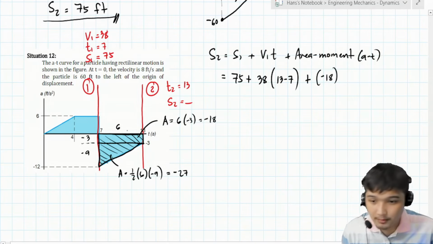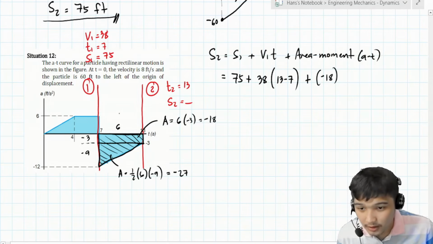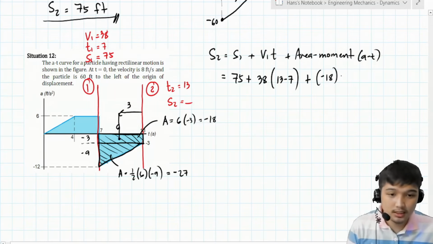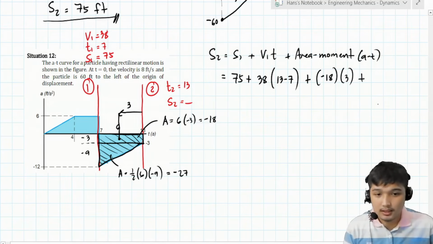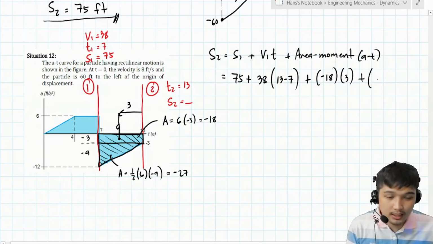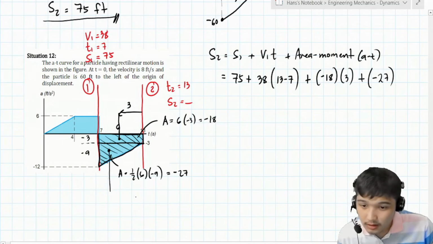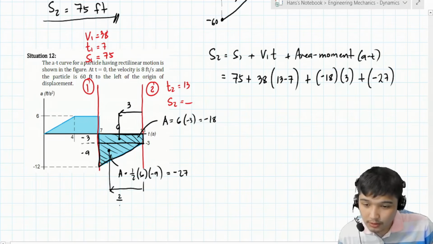Anong moment arm? So, centroid, papunta dun sa point 2. So, this one is 3. So, negative 18 times 3, plus yung area ng triangle, negative 27. Moment arm is what? So, ito yung centroid. Moment arm is ito, no? Which is 2/3 ng base na 6.